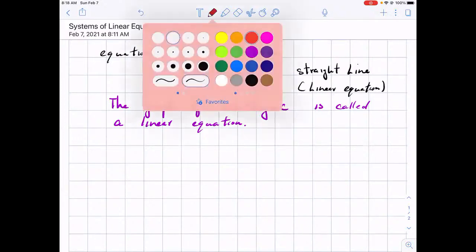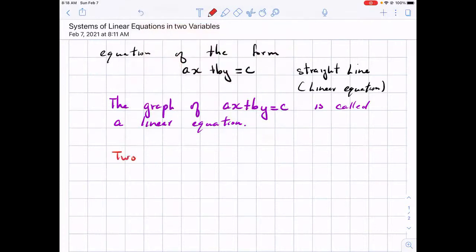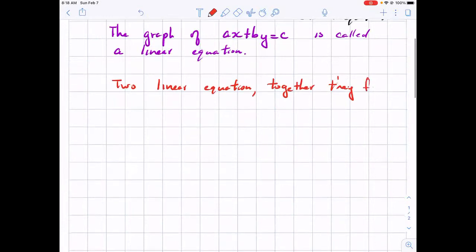So when we have two linear equations together, they form a linear system of equations.